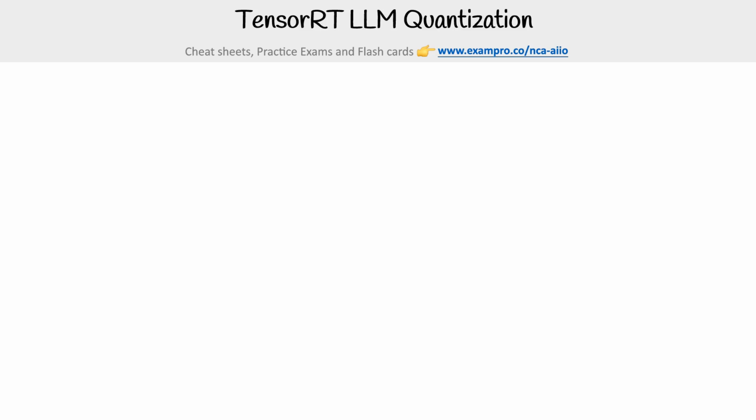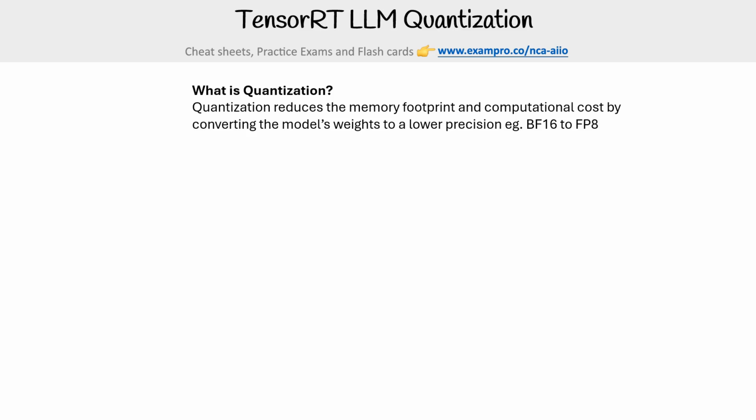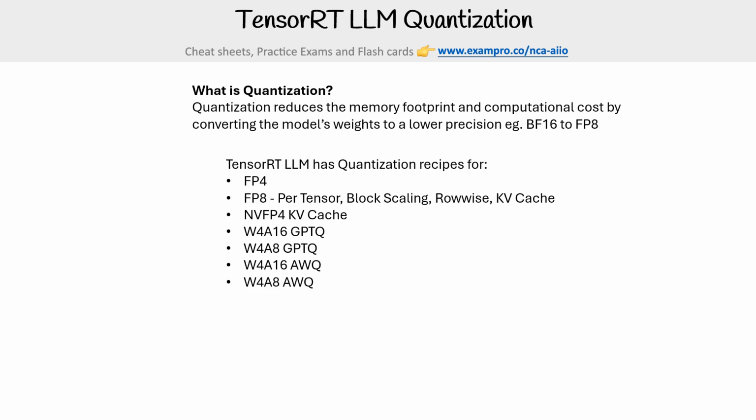So let's talk about TensorRT-LLM quantization. Quantization reduces the memory footprint and computational costs by converting a model's weights to a lower precision. So let's say BF16 to FP8, and TensorRT-LLM has quantization recipes for FP4, FP8, and a bunch of other ones.